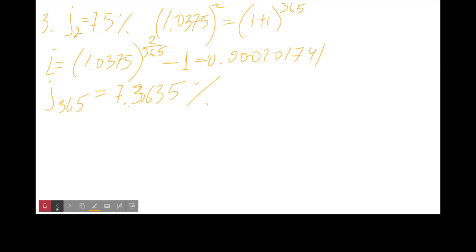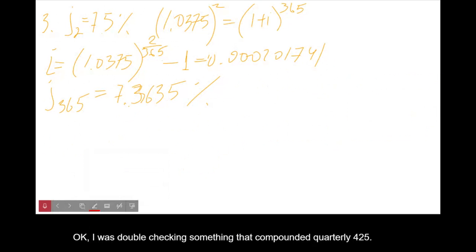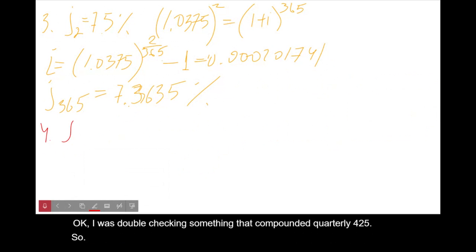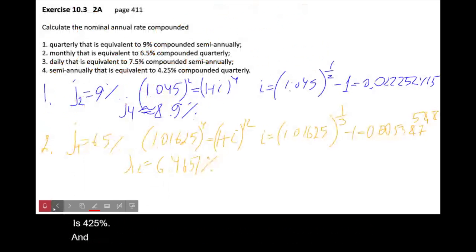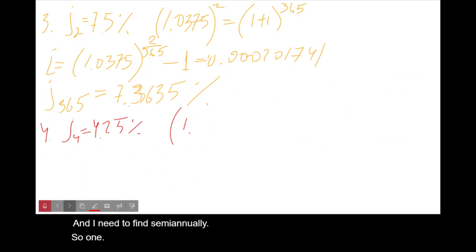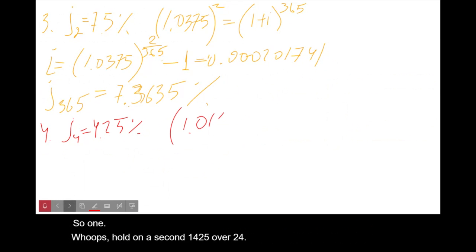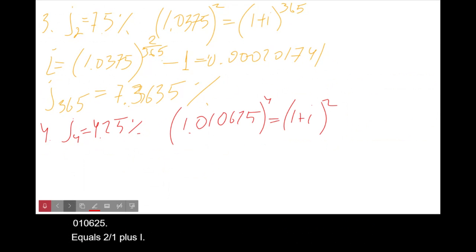Okay, now I was double checking something. Compounded quarterly 4.25%. So J4 is 4.25%. And I need to find semi-annually. So 1.0425 over 4, 1.010625 equals 1 plus I exponent 2.